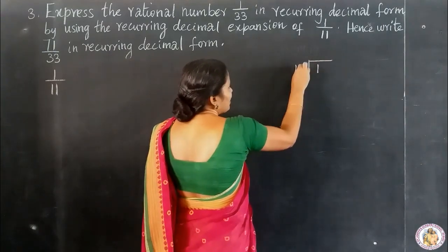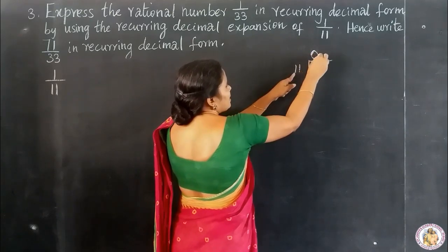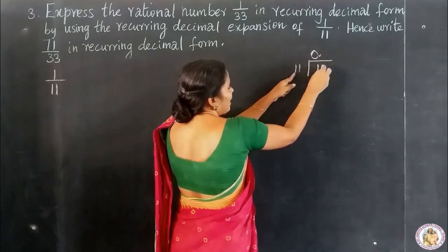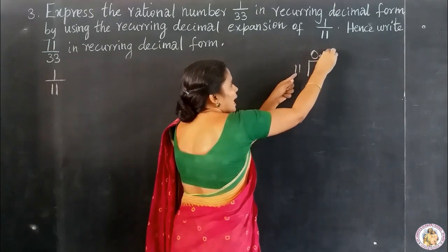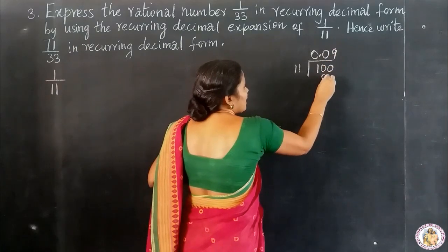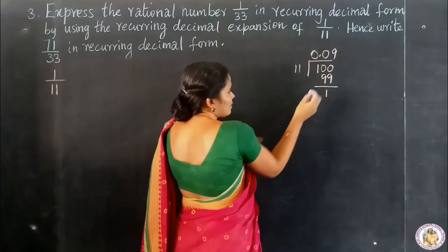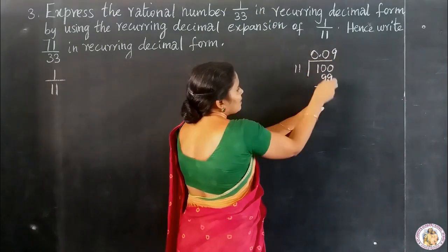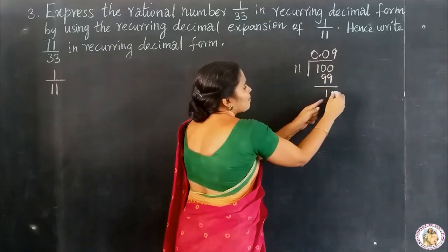So 1 divided by 11, 1 is less than 11. So add 0, keep decimal and add 1 0. Again 10 is less than 11. So add 0 and again 0 here. So 11 9s are 99, 100 minus 99, 1. Okay. So again if you add 0, again 0.